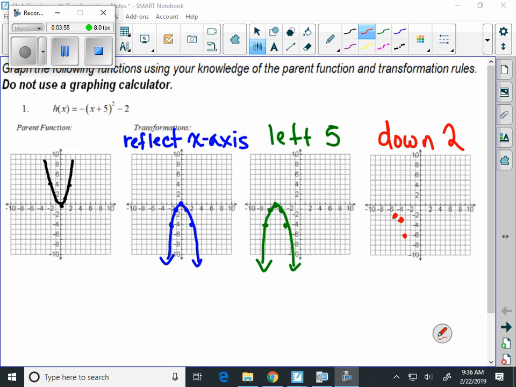Because our point negative 6, negative 1 is going to become negative 6, negative 3. And negative 7, negative 4 is going to become negative 7, negative 6. And there's our final graph.